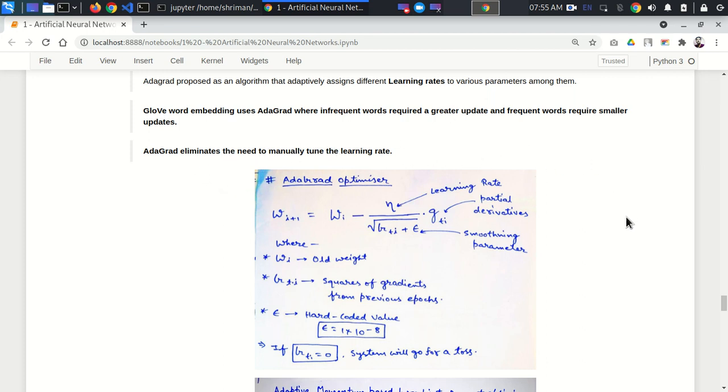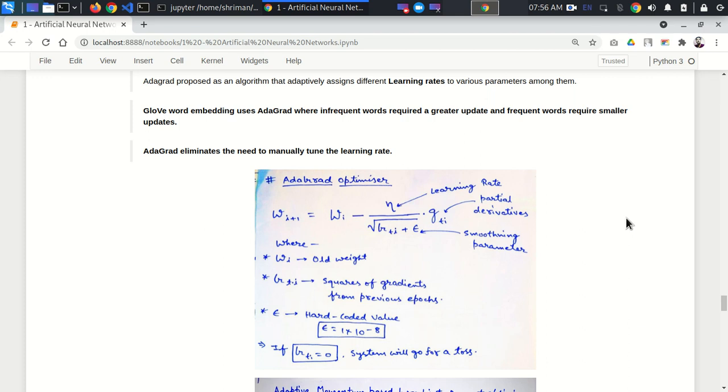Whenever we do any kind of learning of neural networks, we need to give some learning rate from our end. As human beings we don't have any idea how much the model will converge with what learning rate, whether it will converge faster or in a better way.